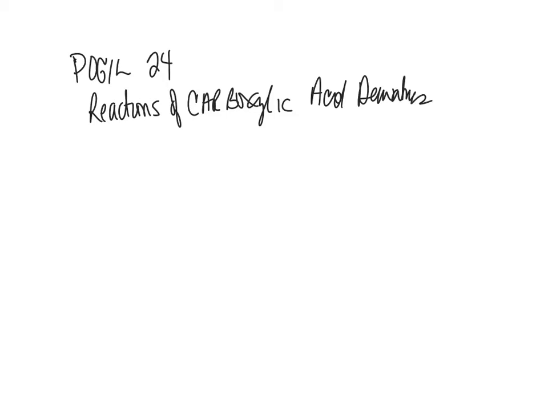So the goal here, the objectives of this activity, is for you to recognize and classify the different carboxylic acid derivatives. So we're going to learn that. What is a carboxylic acid derivative?